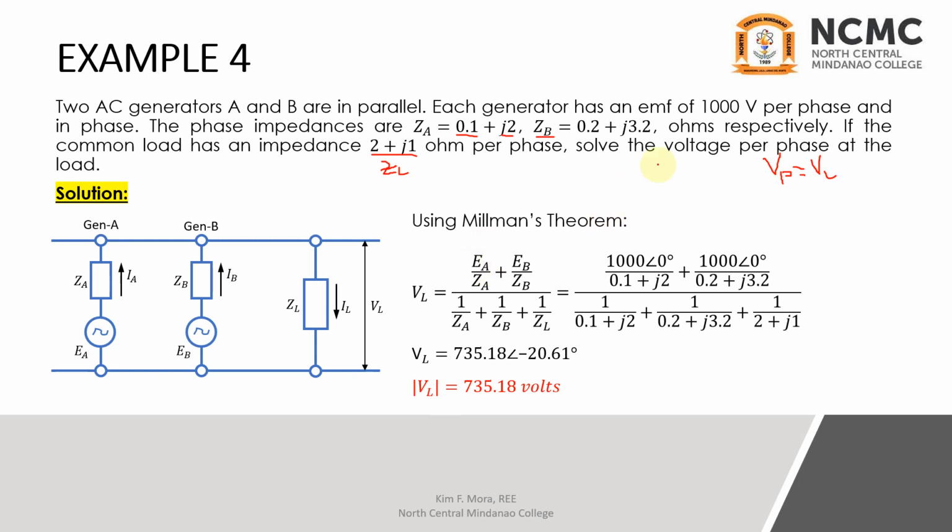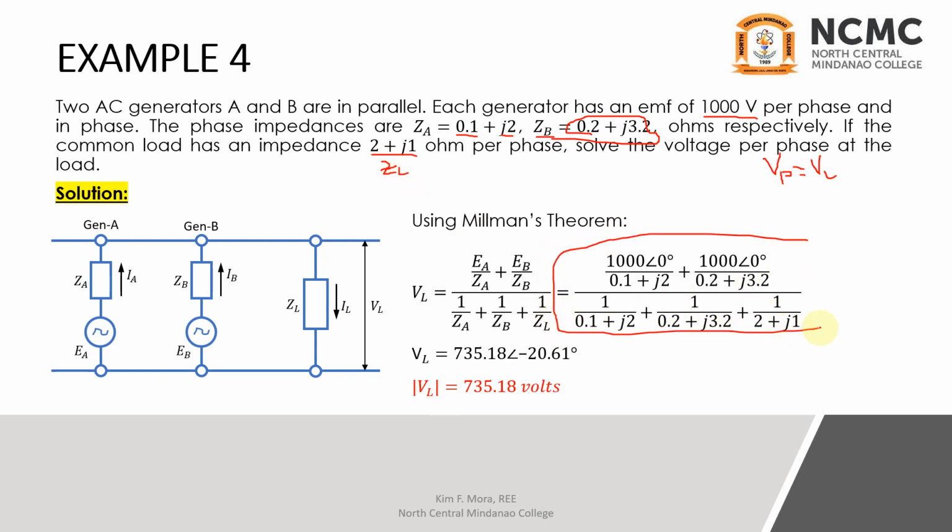So EA, which is equal to 1000 volts at angle 0 over the impedance, plus the EMF sa generator B over the impedance sa generator B, over the inverse sa duha ka impedances plus the inverse sa load impedance.